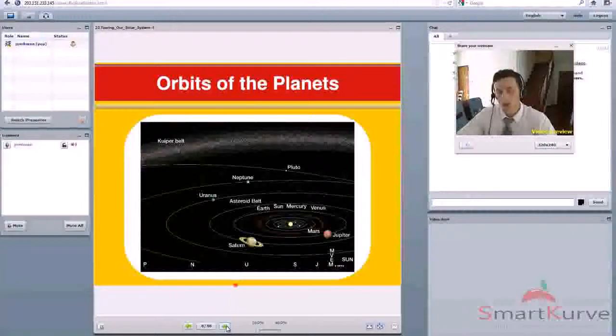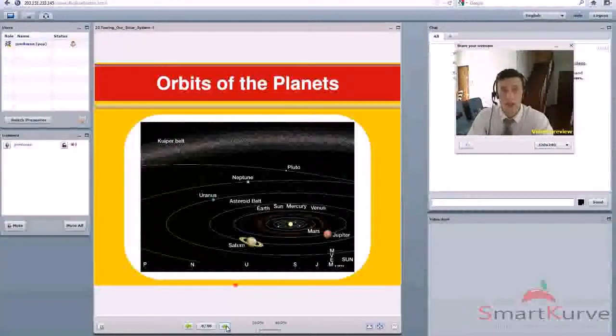We see that belt of what looks like brown dust. That is the asteroid belt. Asteroids are small rocky objects that never really formed or became part of a planet, and we're going to take a closer look at those later in the lesson.